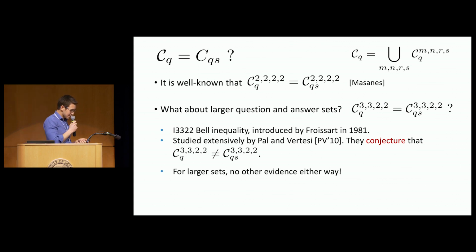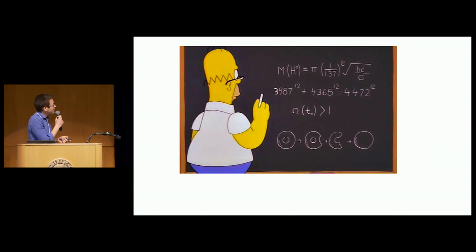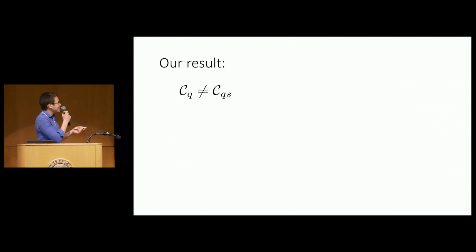And what about for larger question sets? Well, there's really no evidence either way. So the question is wide open. And so we tried to resolve this, and after much effort and thought, this is our result as anticipated: finite dimensional quantum correlations are not equal to infinite dimensional quantum correlations.